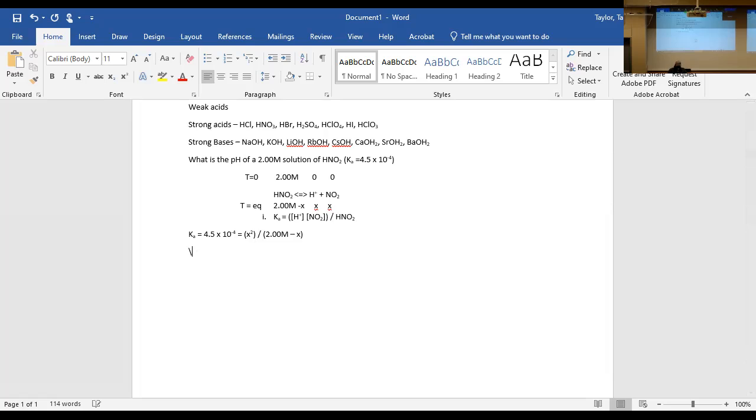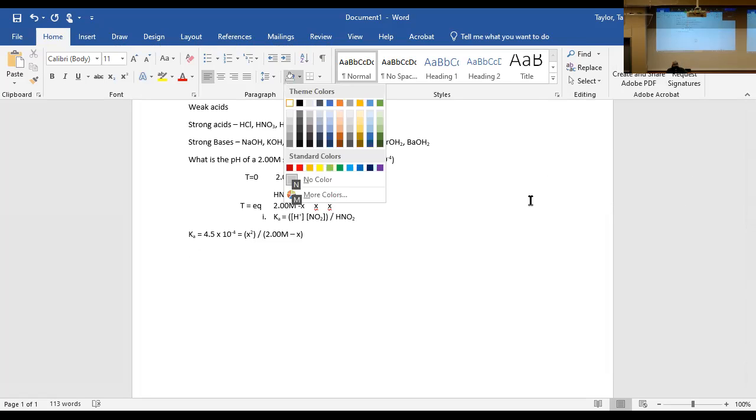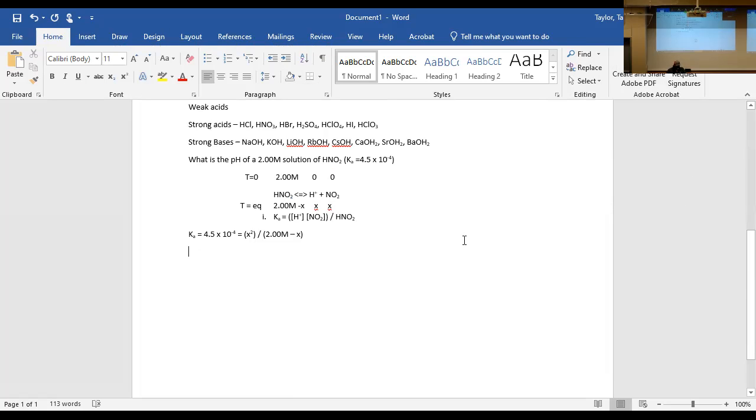The way we do that, if anyone remembers, text it in the chat real quick. Never mind, because the chat will not pull up. So the way we find out if we can drop that X, we take the concentration, the molarity, 2.00 molar, and we divide it by the Ka.